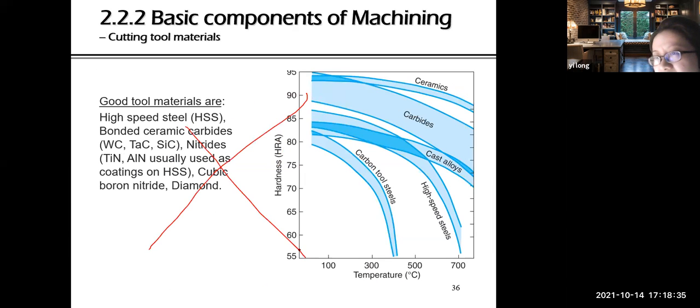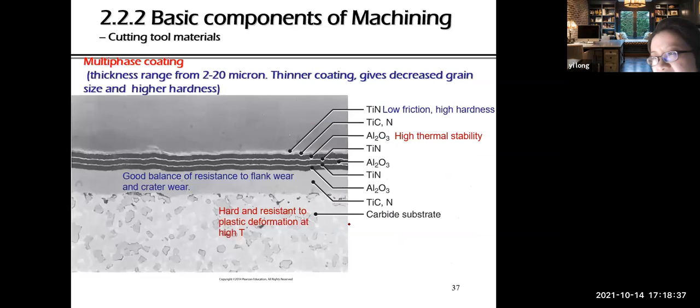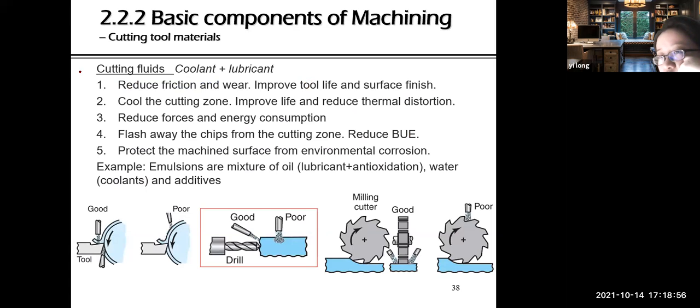This one is actually quite important for material scientists, but it's more or less like a case study, so I don't require it in the exam, but hopefully you understand it. This is more like a design rule for a good cutting tool. And the cutting fluid.